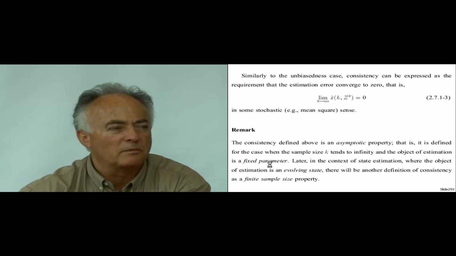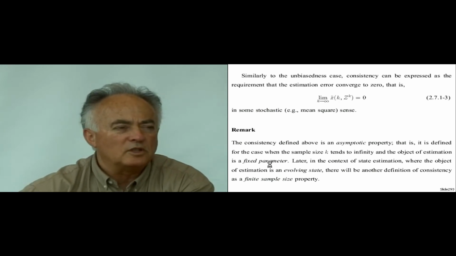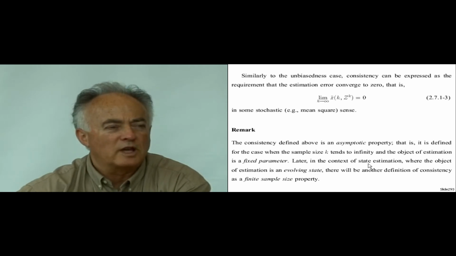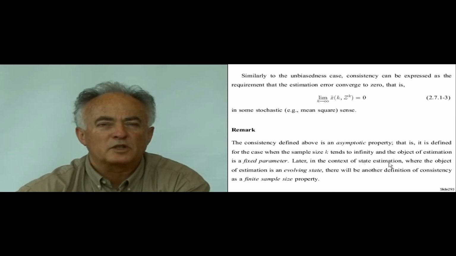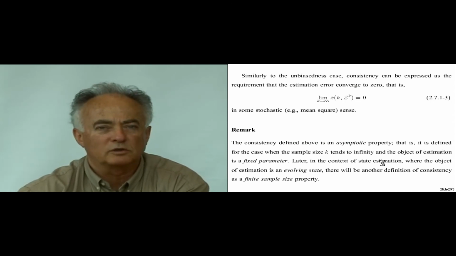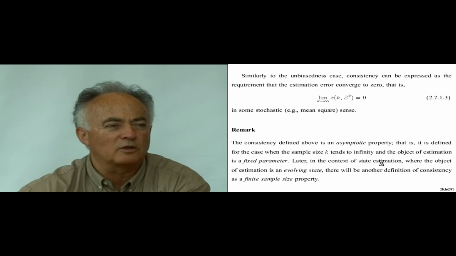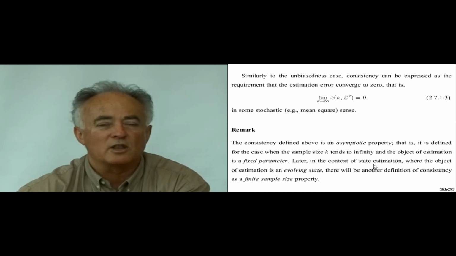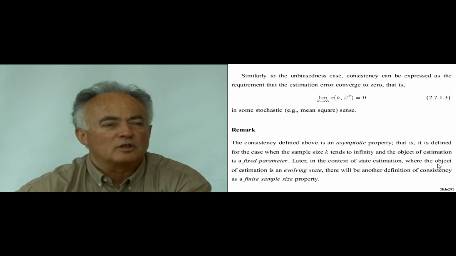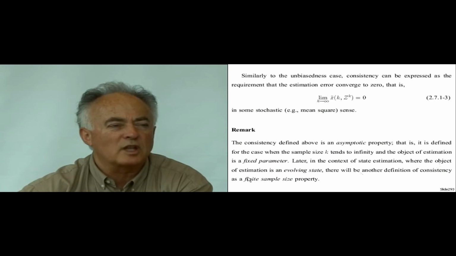It's not running away. However, in dynamic situations, which you encounter in most engineering problems, you have state estimation. You don't have a fixed parameter waiting to be estimated for as long as you're expecting it to stay there. It is available and unchanged. So what we have is, in dynamic situations, the object of the estimation is an evolving state.